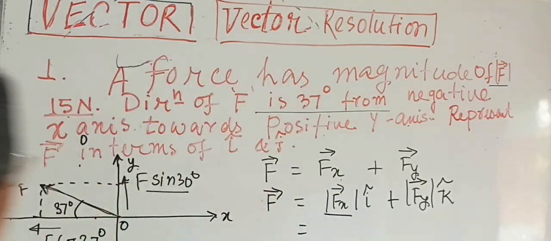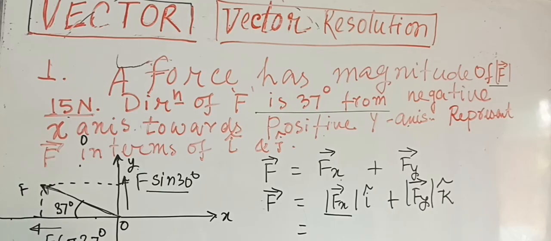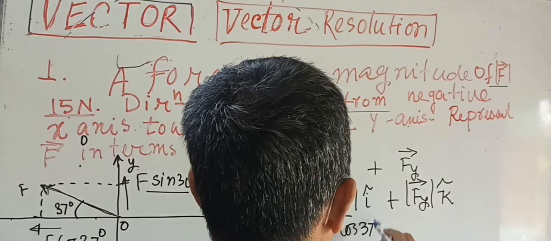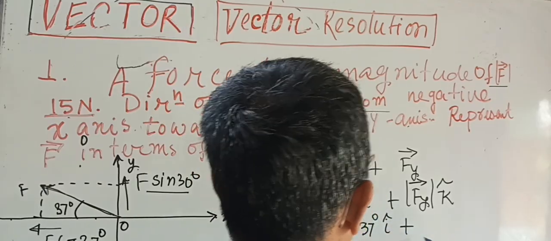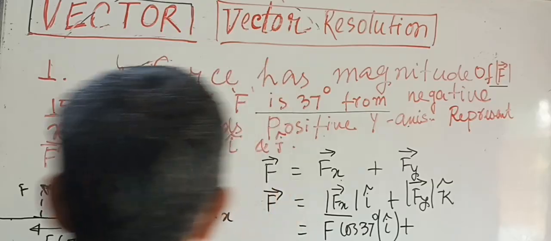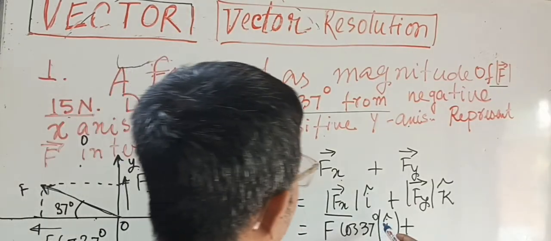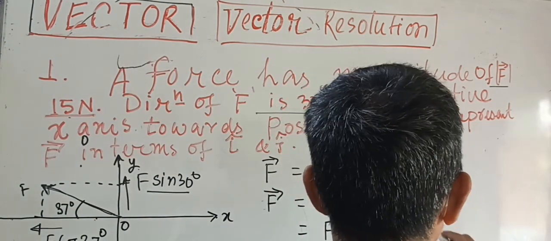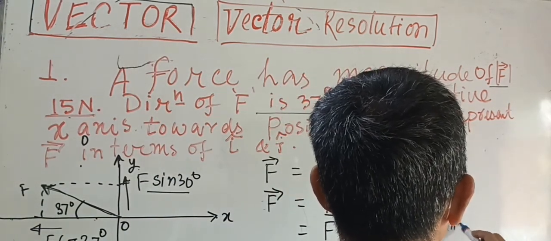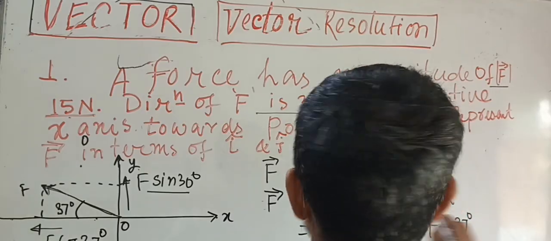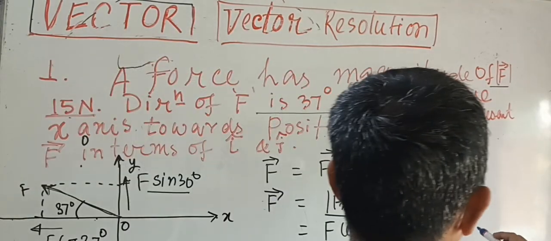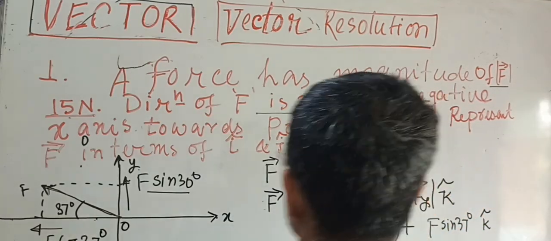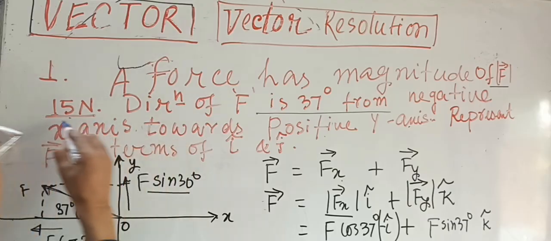Fx is what? Fx is F cos 37 degree i cap. This is along the negative x-axis, so it would be minus i cap. Right? And Fy, F sin 37 degree. This is along the positive y-axis, so this is positive j cap. Now F is what? F is given 15 Newton.